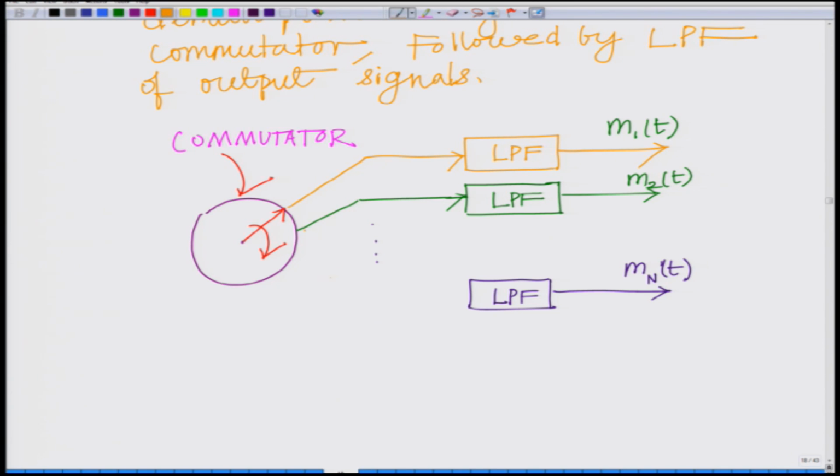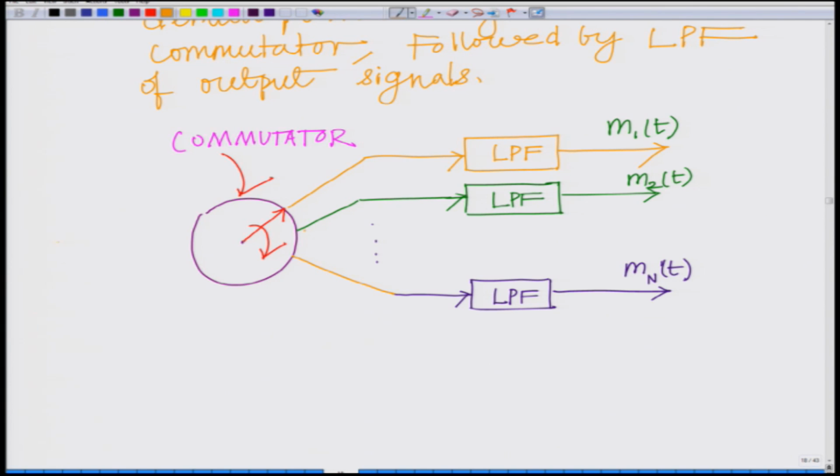Okay. So, these are low pass filtered, and this commutator is performing the demultiplexing.